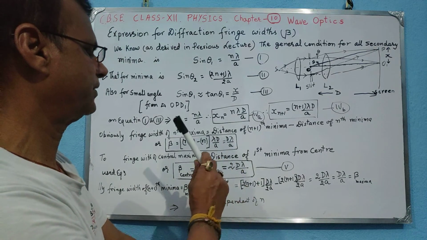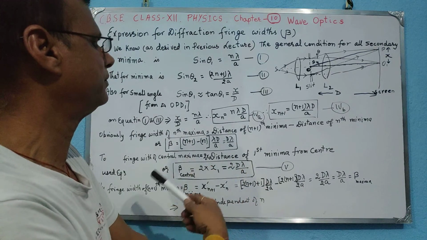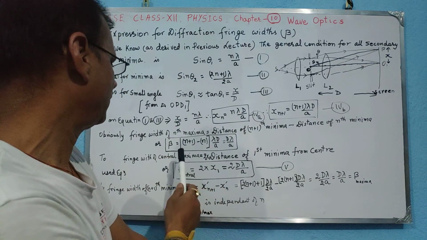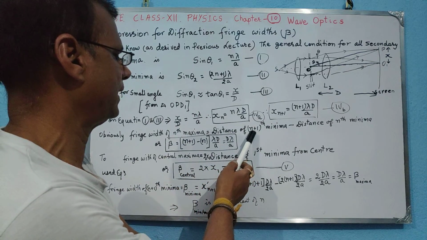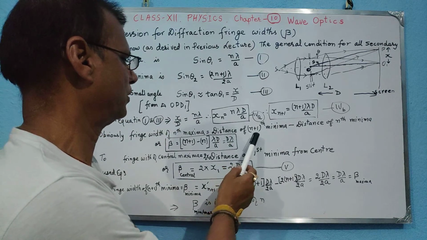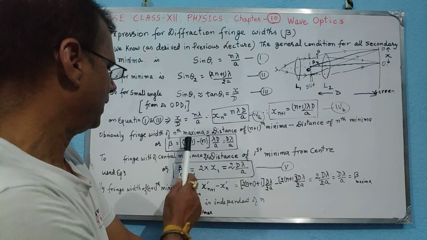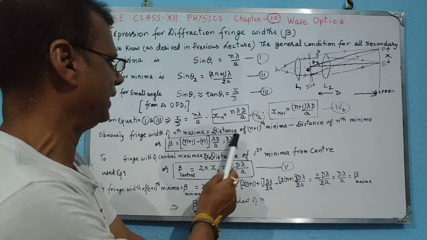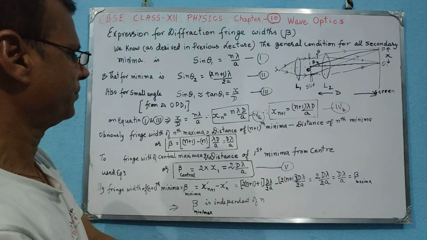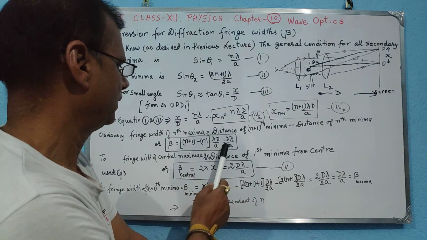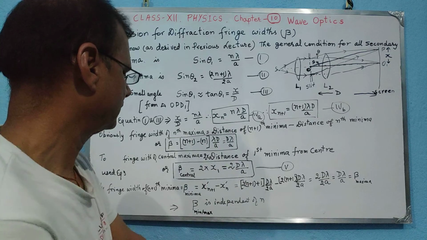So the distance of the second minima means n equal to 1, but here we are taking the general case, so we write the distance of the n plus 1th minima minus the distance of the nth minima. Here you see lambda d by a is common in both of these equations. Therefore we have n plus 1 minus n, equal to d lambda by a.